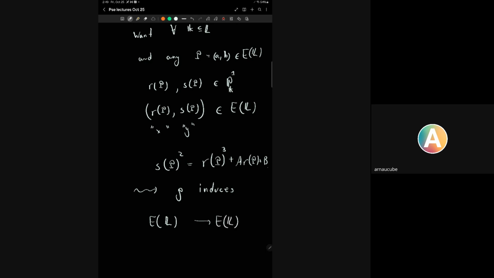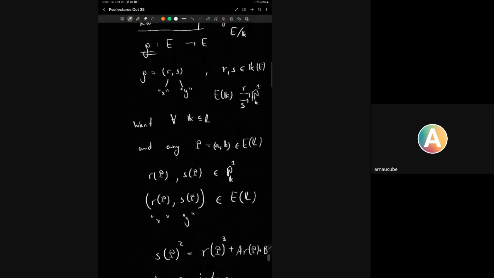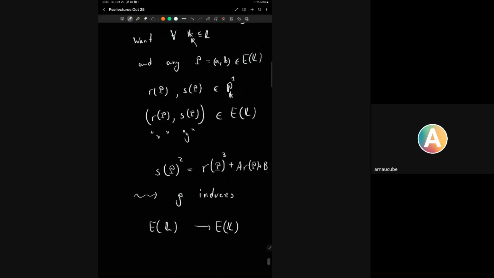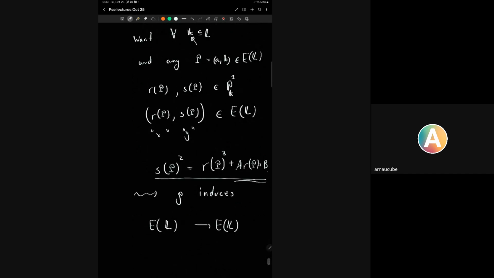And again, this any extension is important because I might not start with an algebraically closed field, like this K could be F_p, and I would like to consider the algebraic closure of the field I started with. So whatever equations I want to be satisfied, I want them satisfied over all extensions.